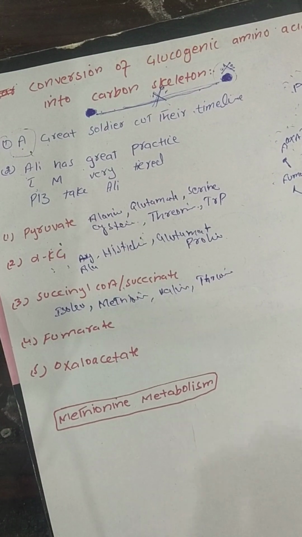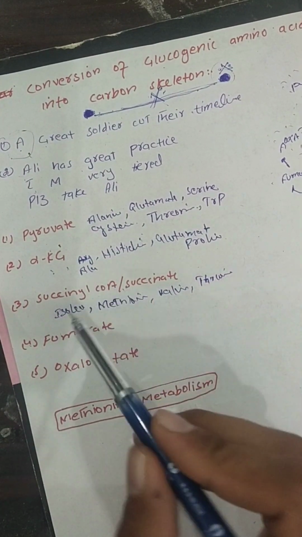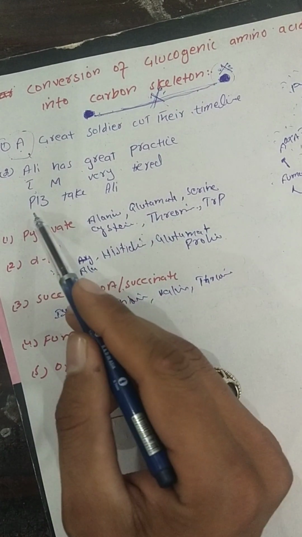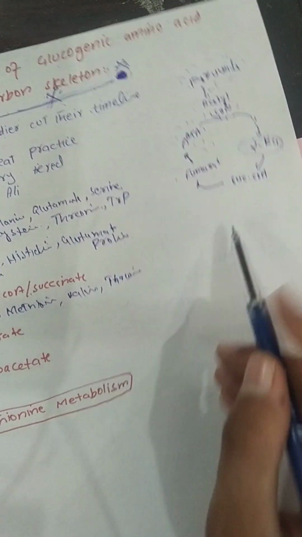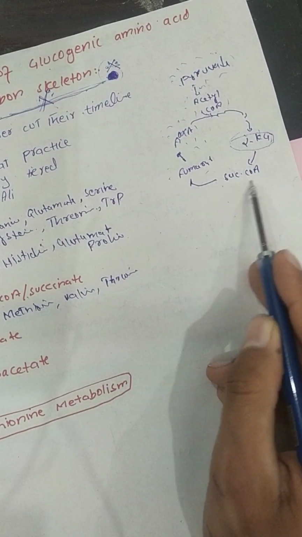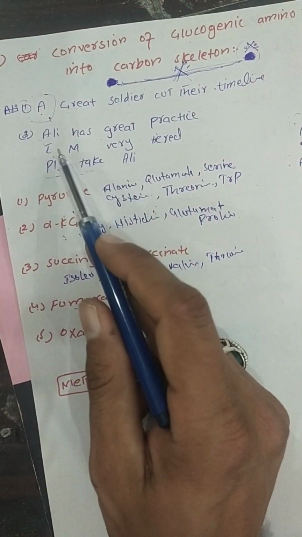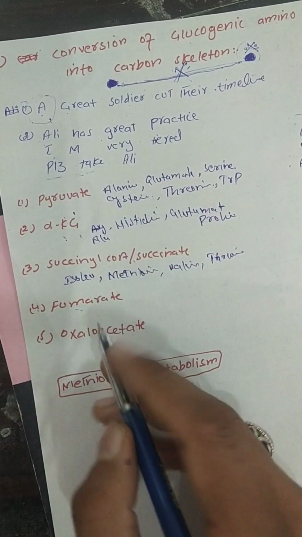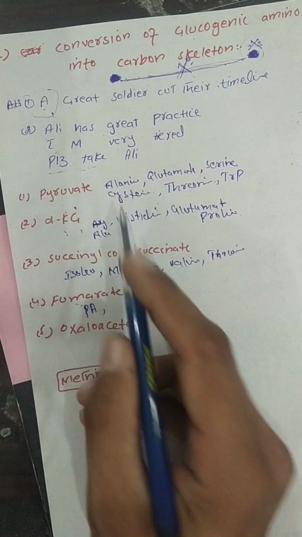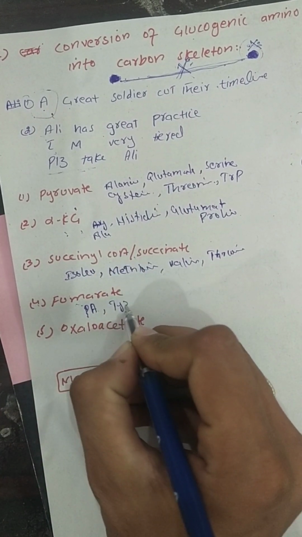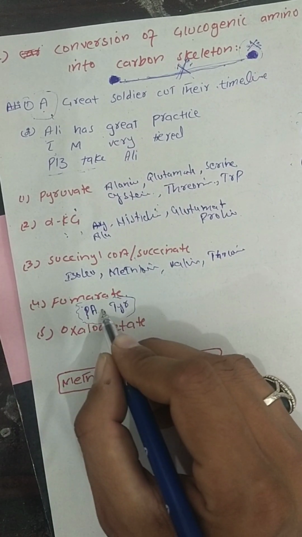Now we are going to fumarate. Please take these two words for fumarate. We've done alpha ketoglutarate and succinyl CoA, then the next one is fumarate. The next line in the mnemonic is: please take. P for phenylalanine, and T for tyrosine. These are very important because phenylalanine can be converted into tyrosine.